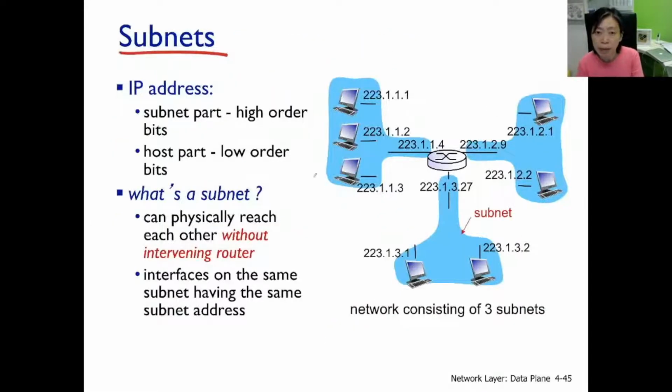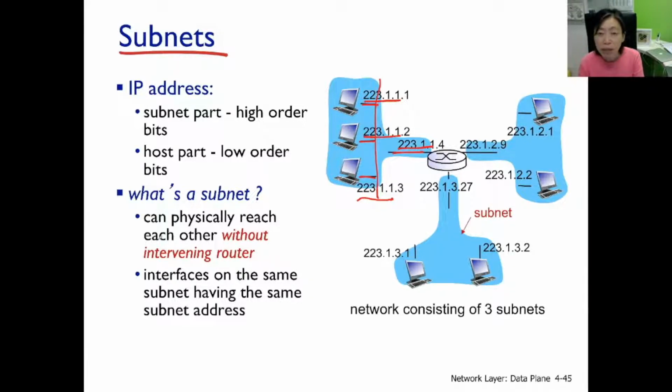Something else about the IP address you should have a rough sense about is this. You might have seen that for machines nearby, the IP addresses for their network interfaces might look alike, especially the first few numbers. So 223.1.1 seems to be shared by these interfaces that are physically connected.